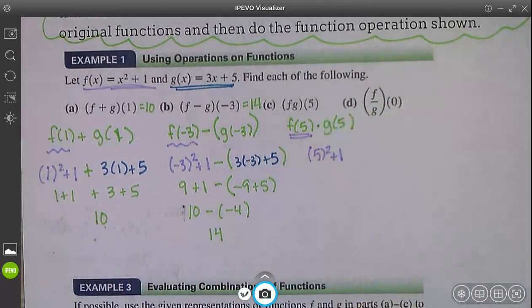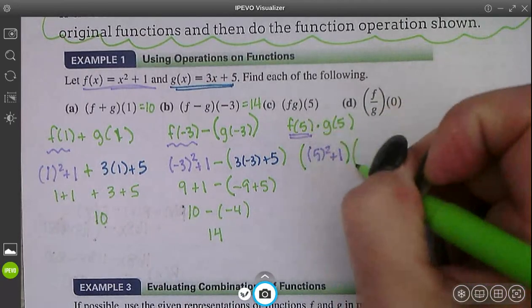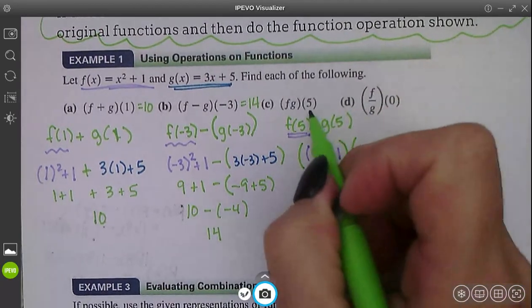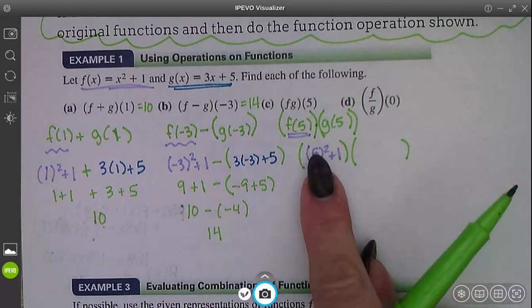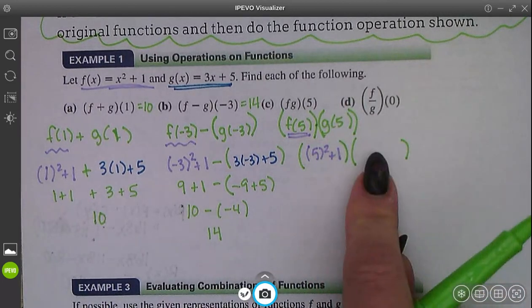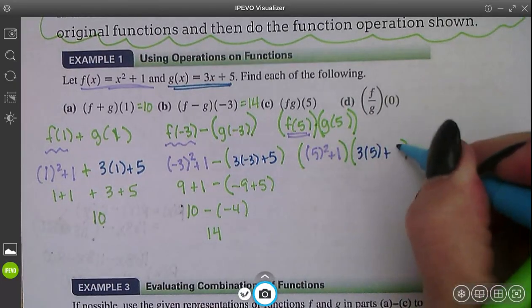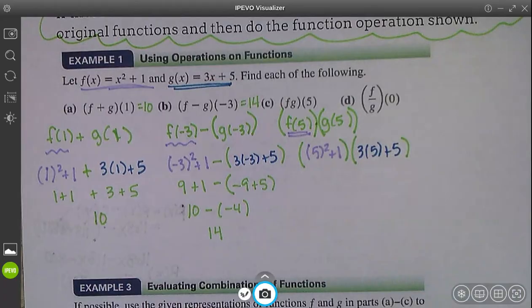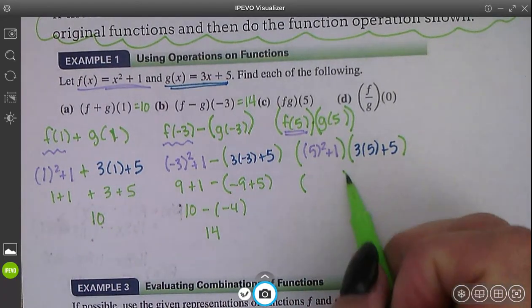Oh, did you see what I forgot to do? I forgot to put those both in parentheses, but I'm going to remember now. So f of 5 times g of 5. Get those in parentheses. 5 squared plus 1 is f of 5, and then g of 5 is 3 times 5 plus 5. Now, by the order of operations, I have to finish what's in the parentheses before I multiply.